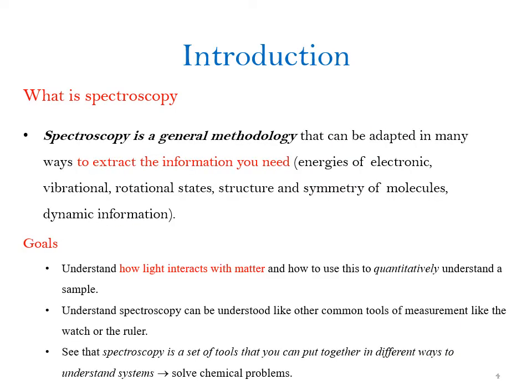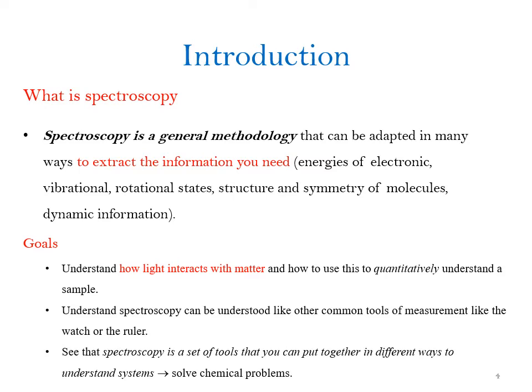So spectroscopy is a technique of splitting electromagnetic radiation into its constituent wavelengths, which is called a spectrum. It is in much the same way as a prism splits light into a rainbow of colors.